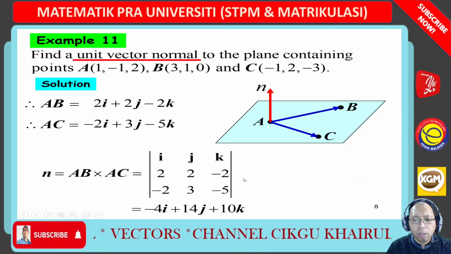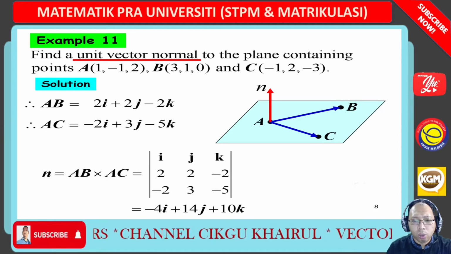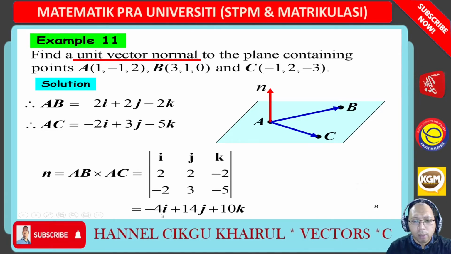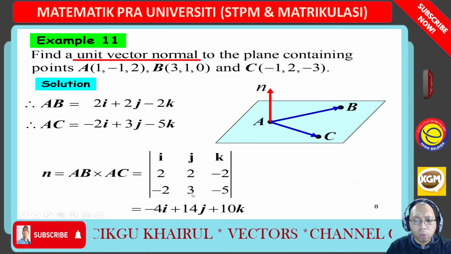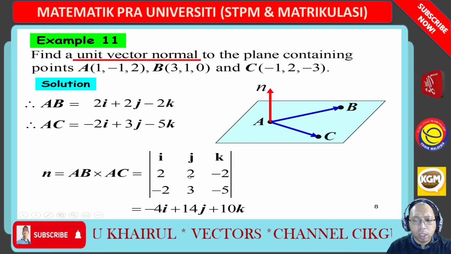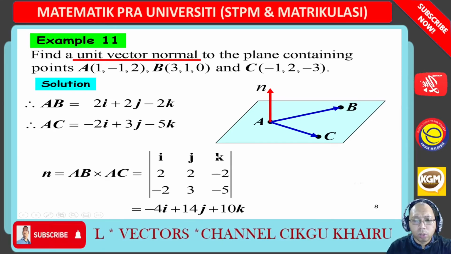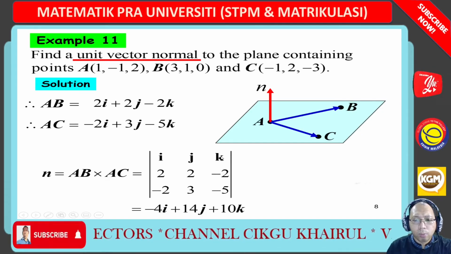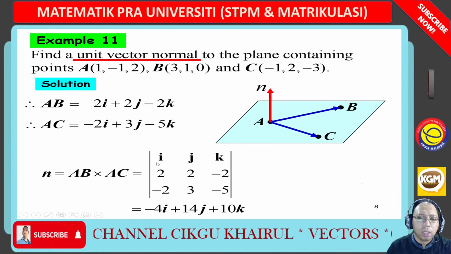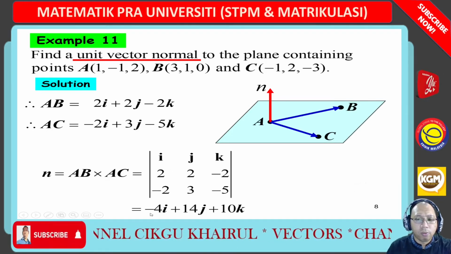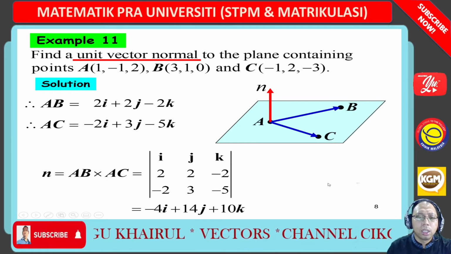Then again, we close column I to get the coefficient of I. We close column J to get the coefficient of J, and also we close column K to get the coefficient of K. Okay, so the vector we get is negative 4i plus 14j plus 10k.